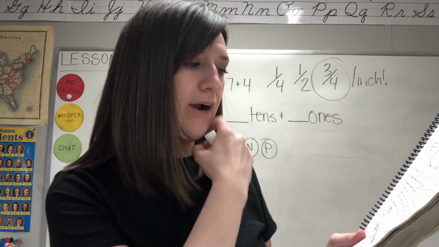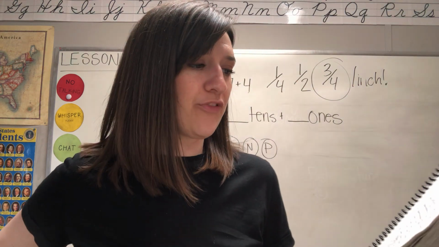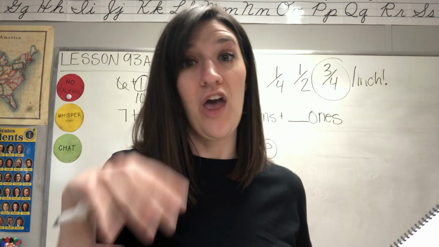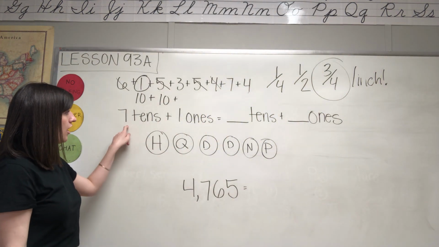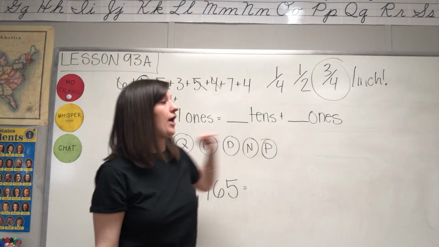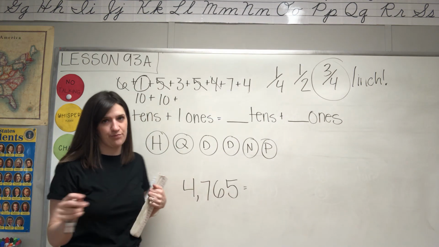Problem number 7 says rewrite the number by exchanging ones for tens. Okay, so 7 tens plus 1 ones is equal to how many tens and how many ones? Remember, a good way to think about this problem is like a subtraction problem, right?